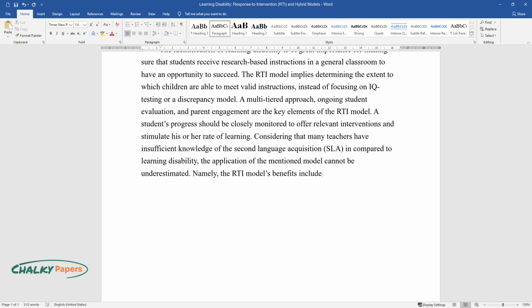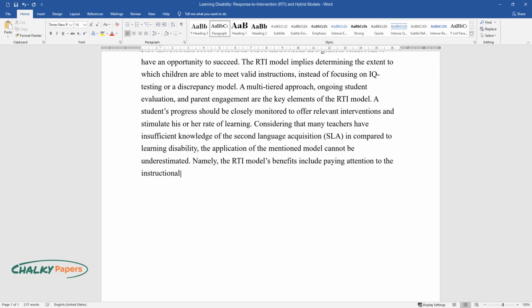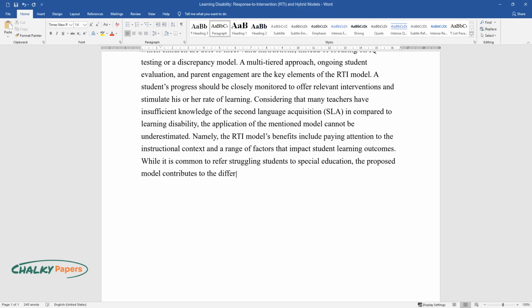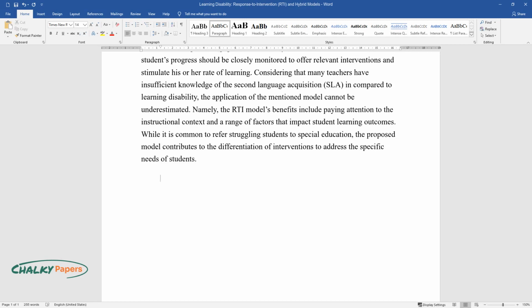Namely, the RTI model's benefits include paying attention to the instructional context and a range of factors that impact student learning outcomes. While it is common to refer struggling students to special education, the proposed model contributes to the differentiation of interventions to address the specific needs of students.